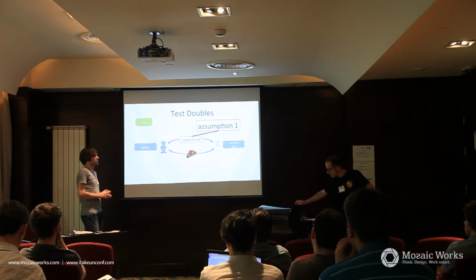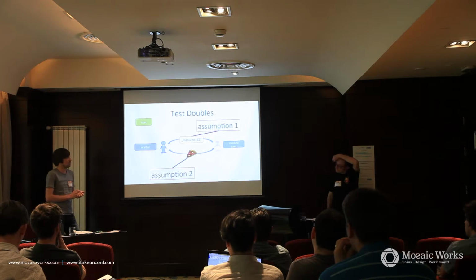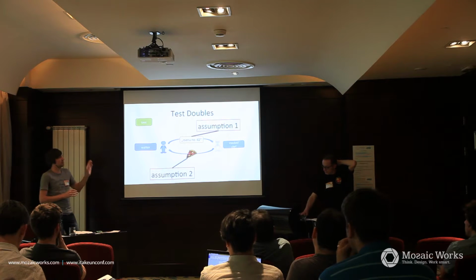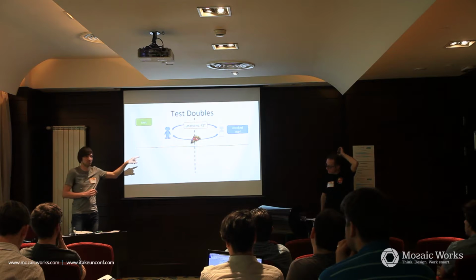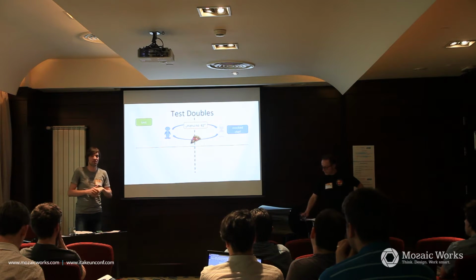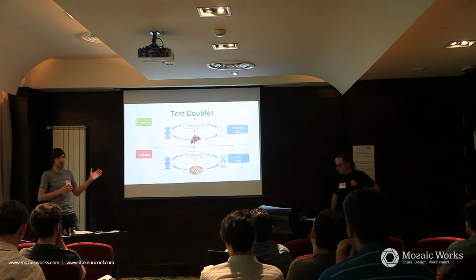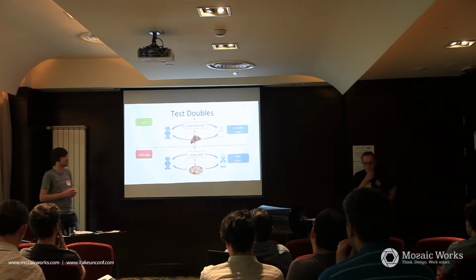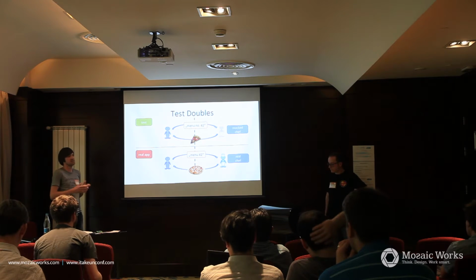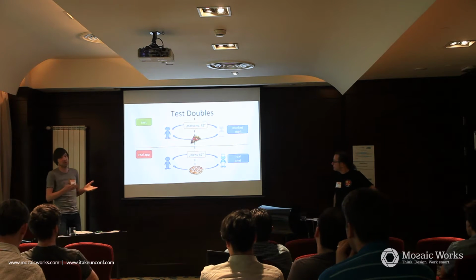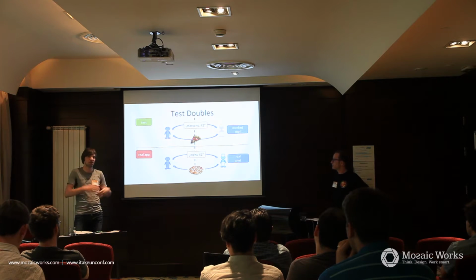So these are two assumptions, and there's nothing wrong about that. But this test works now with the mock chef. And if our assumptions are not correct, then the test is green, but the real app, the integrated app, doesn't work anymore. Because the real chef doesn't understand menu number 42, but menu 42. And he doesn't return a slice of pizza, but the whole pizza.